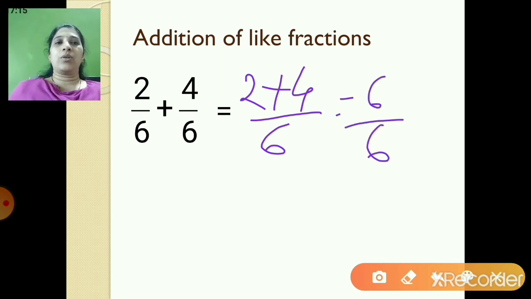So as I told you, children, we have to see whether this fraction is further divisible or not. So 6 ones are 6, right? So is equal to 1 you will write, right? So this is the way you are going to carry out the addition of like fractions.